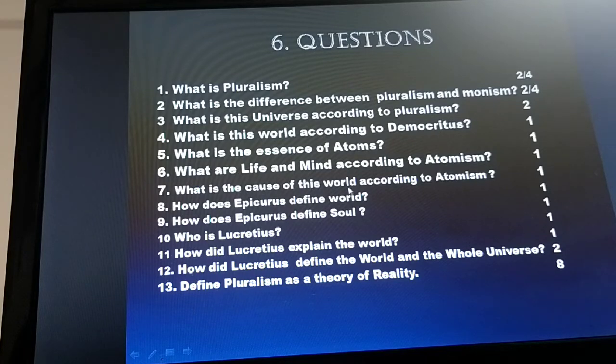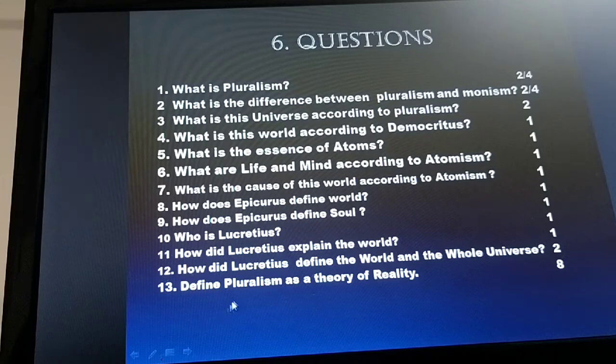What is the cause of this world according to atomism, 1 mark? How does Epicurus define world, 1 mark? And how does Epicurus define soul, 1 mark? And who is Lucretius, 1 mark? And how did Lucretius explain the world, 1 mark? And how did Lucretius define the world and the whole universe, for 2 marks?